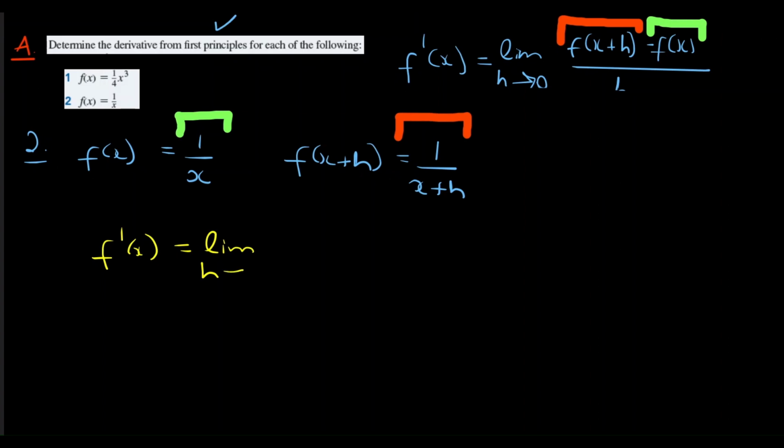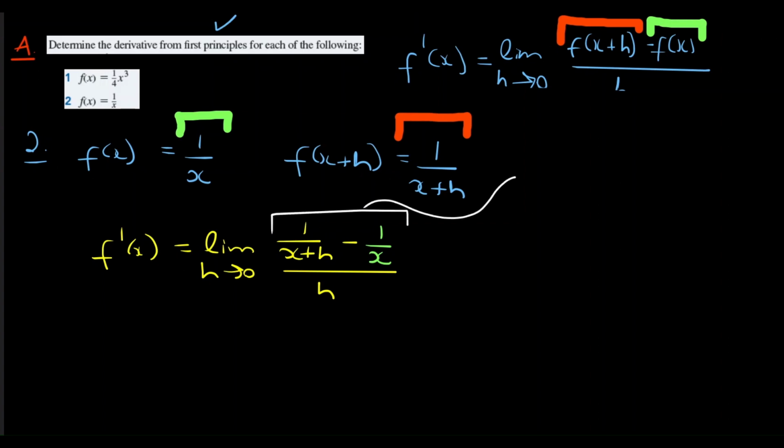The limit as h approaches 0 of f of x plus h, which is 1 over x plus h, minus our f of x, which is 1 over x, and then divide everything by h. My advice for this step is to take some time, isolate this and work on it on the side, because it can get very long and a bit confusing.